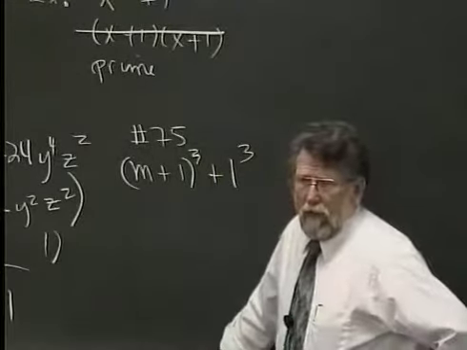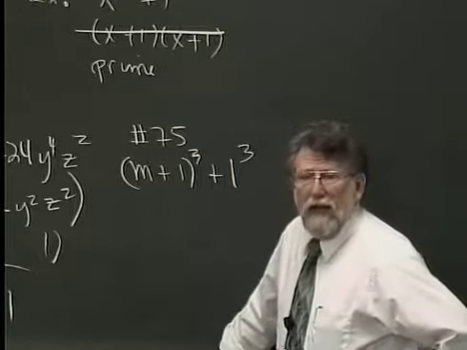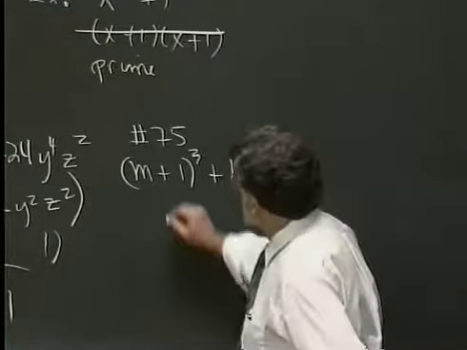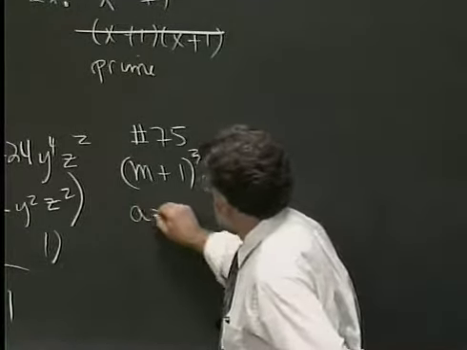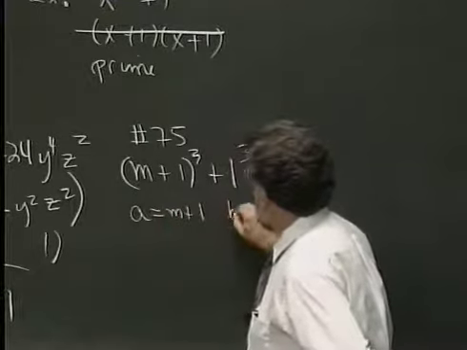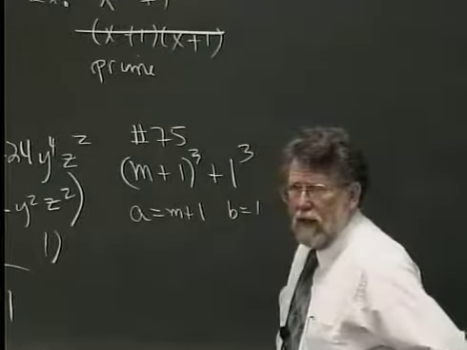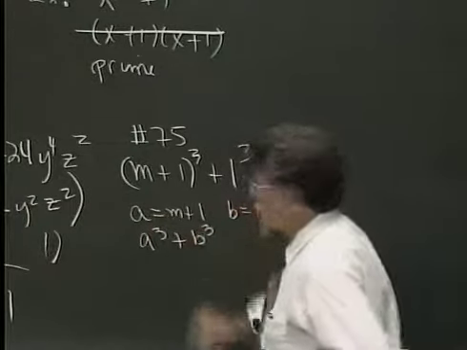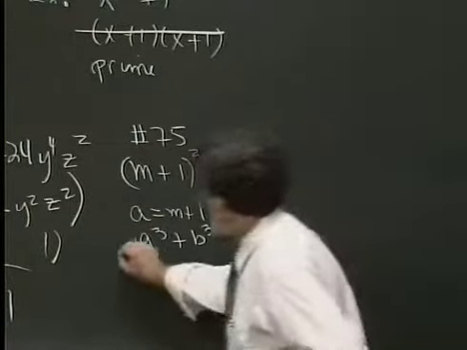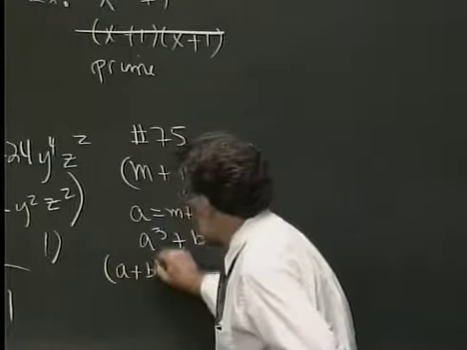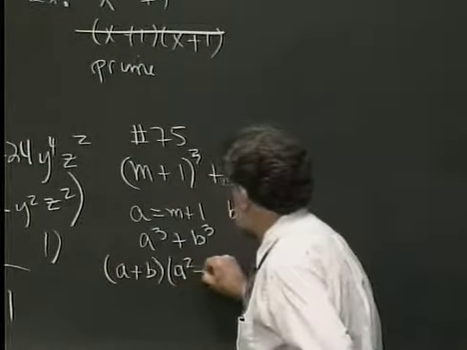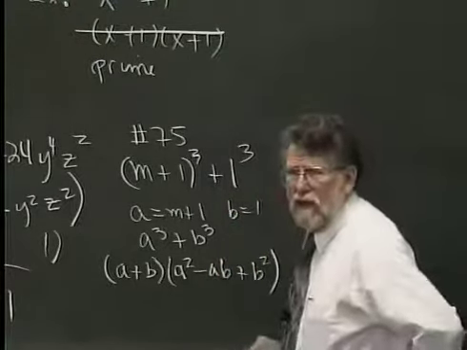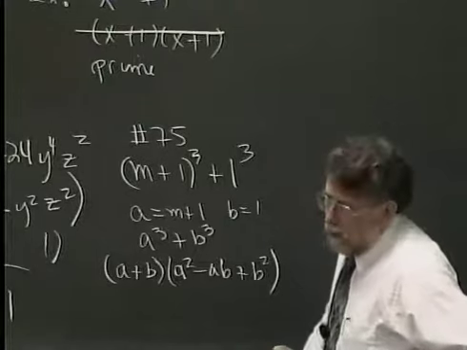Now, it's slightly different form than written in the book. But now I recognize it as a cubed plus b cubed, where a is m plus 1 and b is 1. So this is a to the third plus b to the third, and I know that that's going to be factorable into a plus b times a squared minus ab plus b squared, and then it is just substitution and possibly simplification.